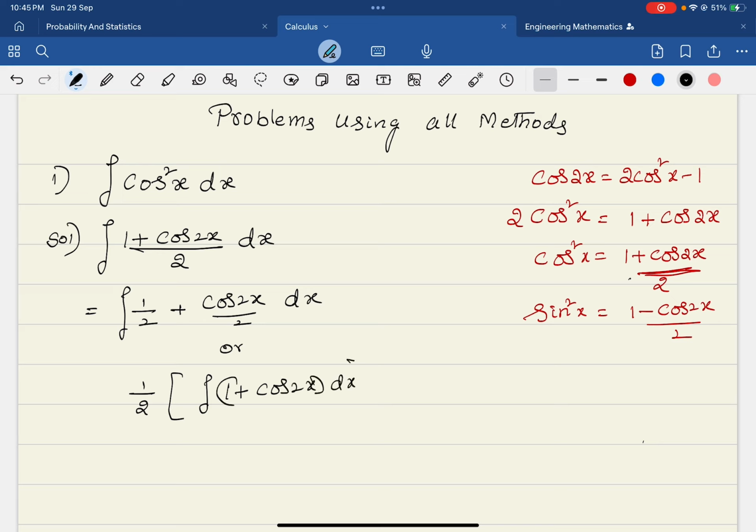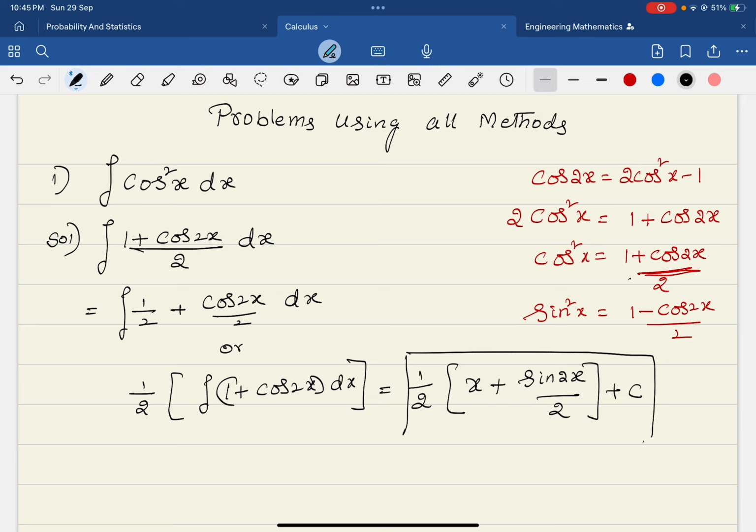Now what is the integral of 1 dx? It is x. And the integral of cosine 2x is sine 2x over 2, plus the constant. So this is the solution for the given problem.